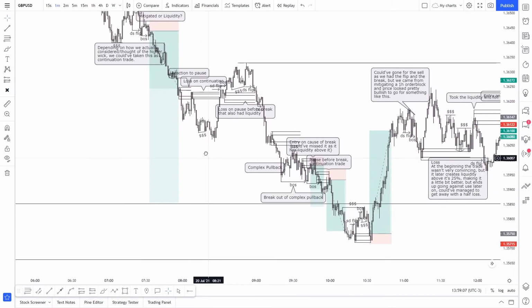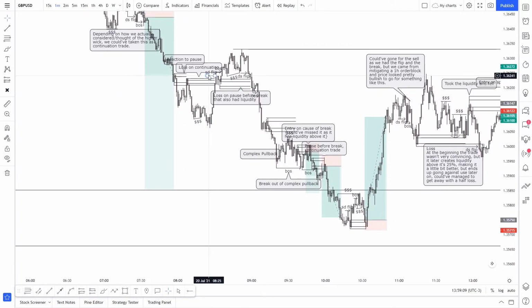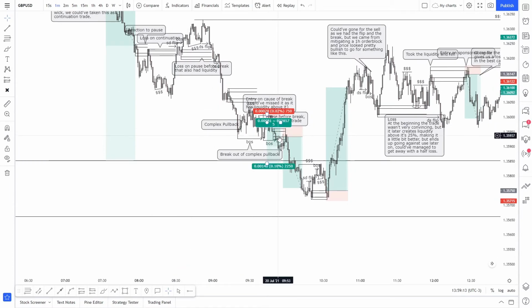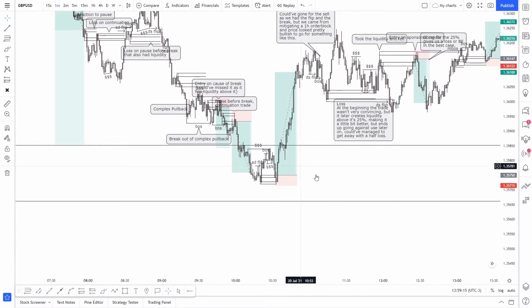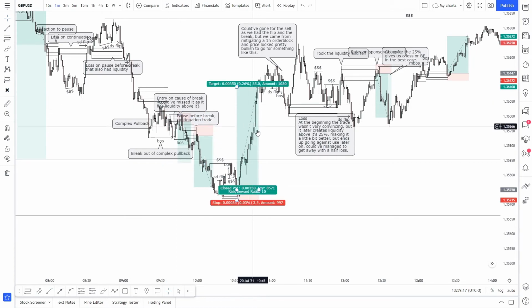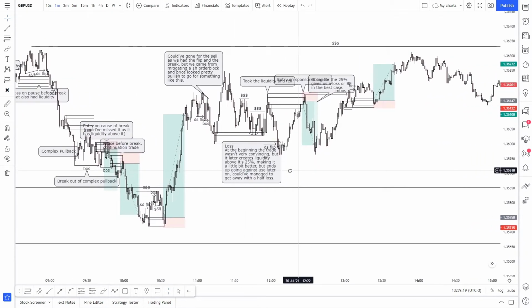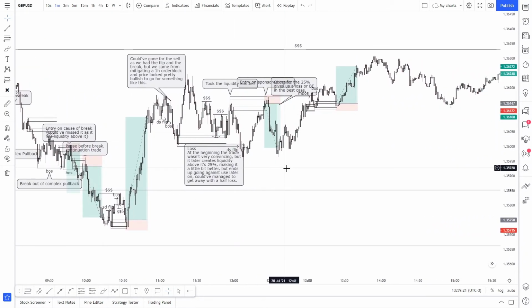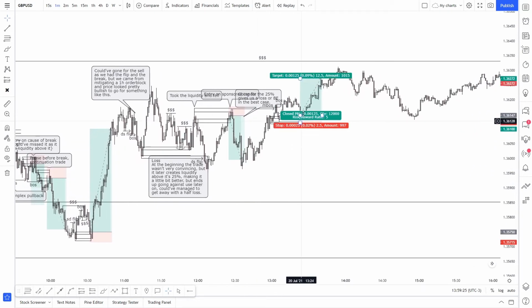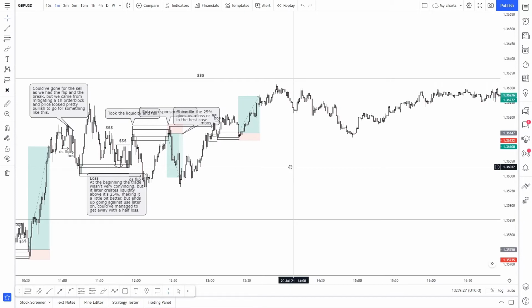We're talking about 5R, 2 losses, so 3R, 8R, 13R, 18R. We're talking a loss here, 17R, plus 5, we're talking 22R. And then we got 5 more, so that's 27R.